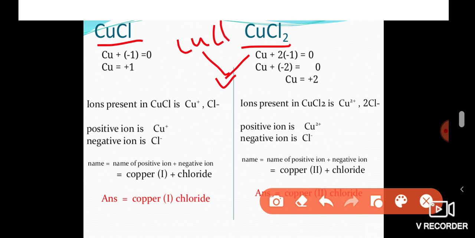So in this case we mention the valency. In CuCl the valency of copper is 1. In CuCl2 the valency of copper is 2. So in this kind of case only we mention the valency. In copper sulfate we do not mention the valency. Okay.